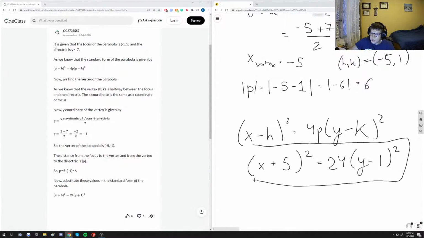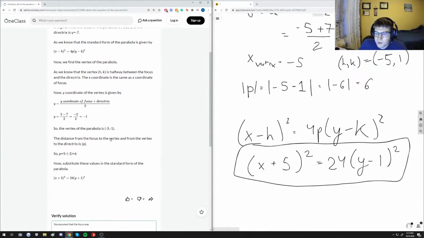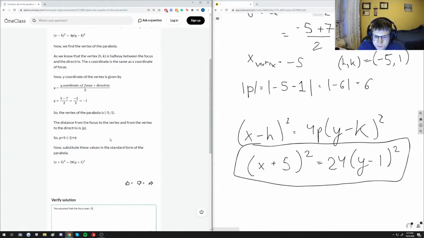Because the location of the vertex was incorrect, I will have to point that out. You assumed that the focus was (-5, 5), when it is actually (-5, -5) in the problem.